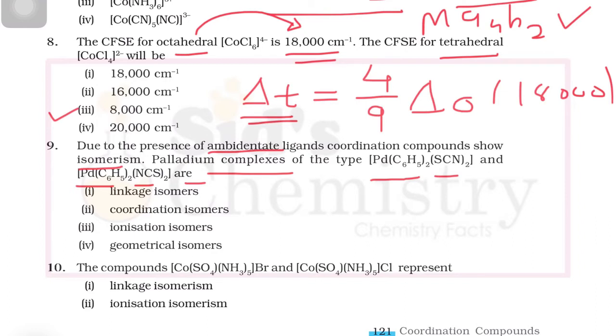We can see that this is thiocyanato and this is isothiocyanato. In thiocyanato, sulfur is linked with the palladium, and in isothiocyanato, nitrogen is linked with the palladium, and therefore this is a case of linkage difference, and the isomers are called linkage isomers. So the correct answer for the 9th question is linkage isomers.